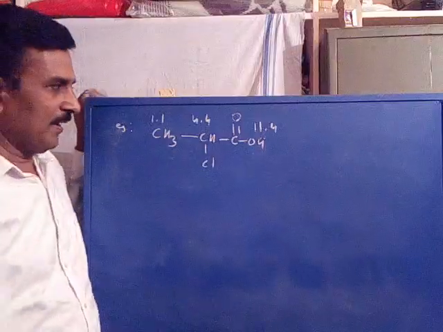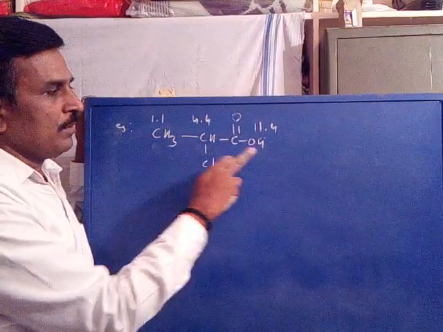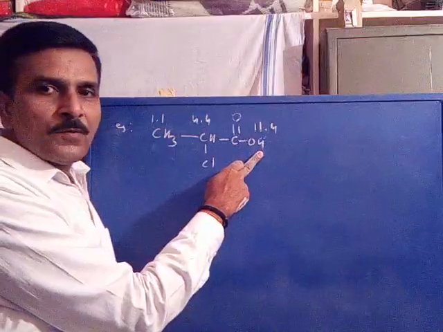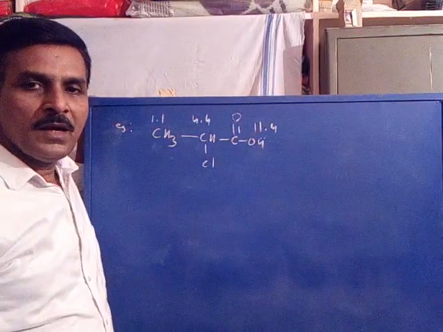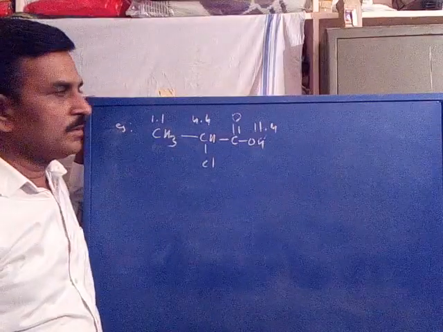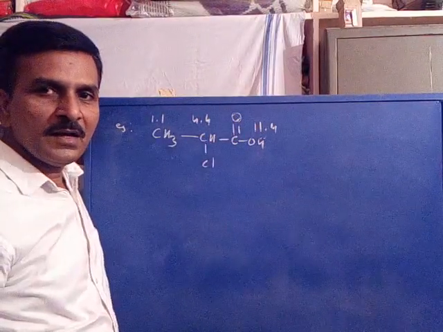The COOH proton, the carboxylic acid proton, we know always appears at nearly 11.0, that is 11.4 ppm. These are the delta values.